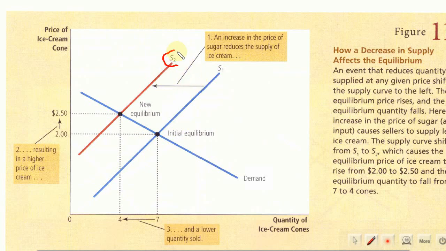This shift is caused not by these visible variables, but by an unseen variable like a sugar price increase. Right? Once the sugar price increases, the sugar price is not visible, not a specified variable shown in this graph. This is an unseen factor, right? A sudden variable.